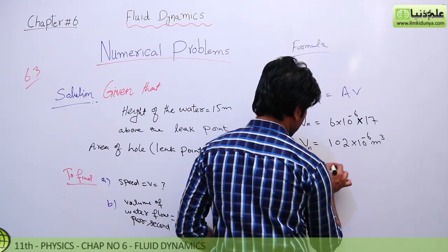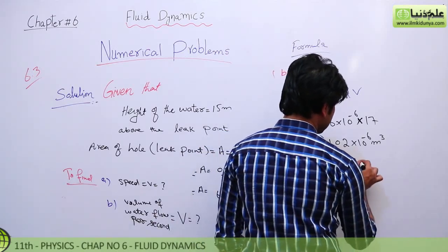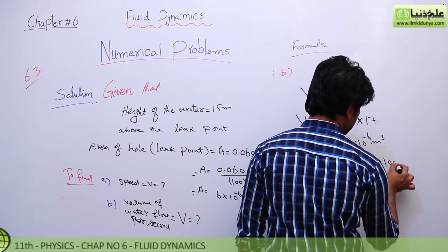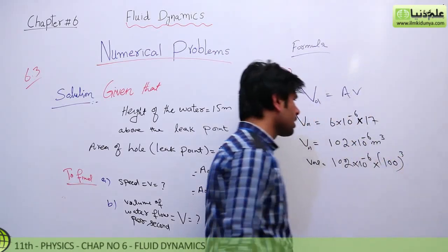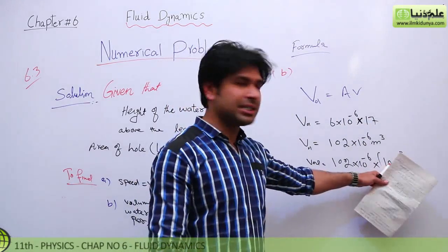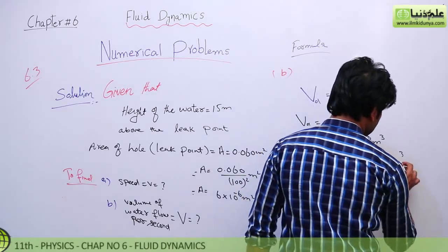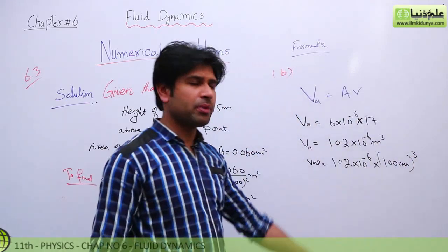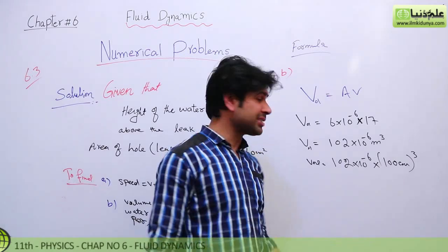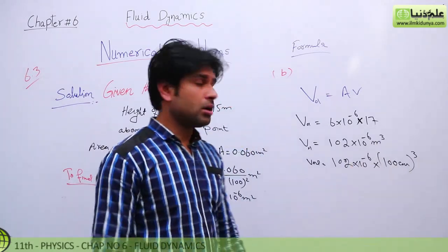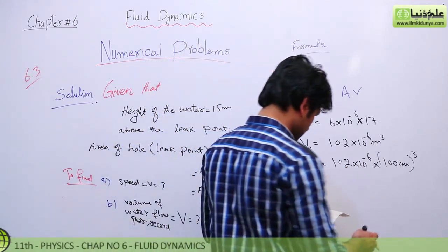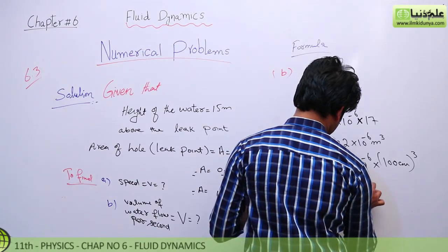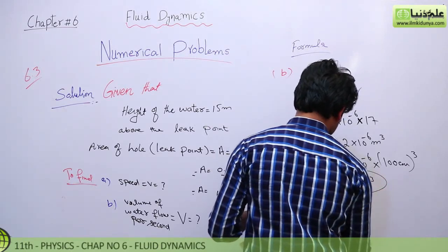To convert this meter cube into centimeter cube, we will multiply by 100 cube, because 1 meter contains 100 centimeter. Now solving this, we will have 102 centimeter cube.